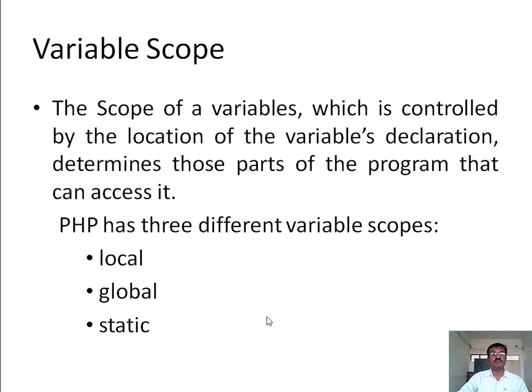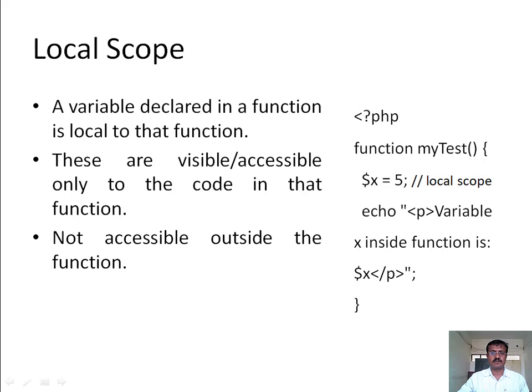PHP has three different variable scopes: local scope, global scope and static scope.